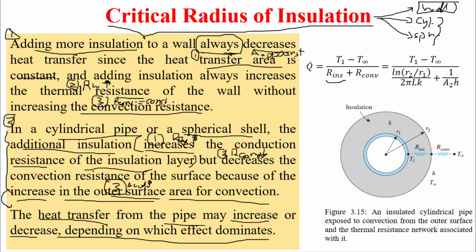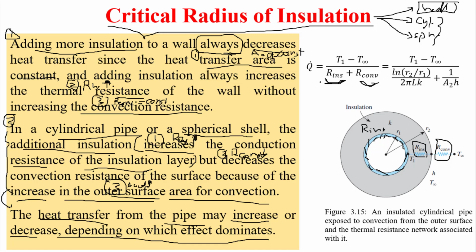If this is our cylinder or sphere, in blue, and we add insulation in gray, this is our insulation. This is the resistance of our insulation, and outside we have our convection.